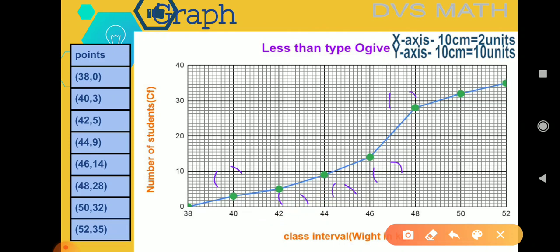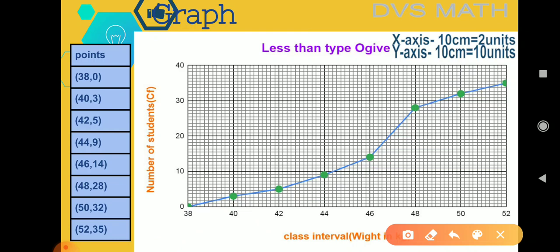I am stressing again. 0 on the y-axis, and 38, 40, 42 on the x-axis. On the x-axis, 10 centimeters is equal to 2 units, 38, 40, 42. On the y-axis, 10 centimeters is equal to 10 units.